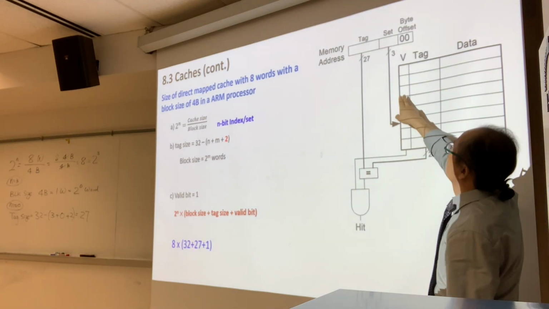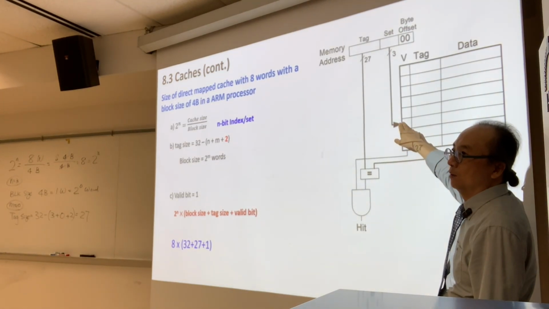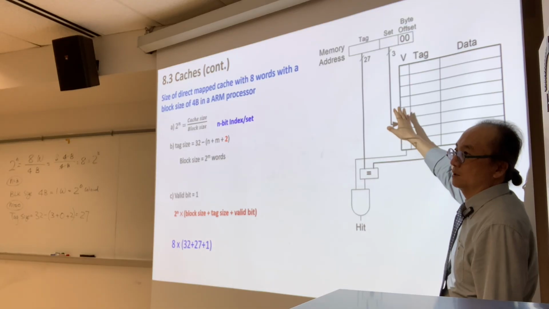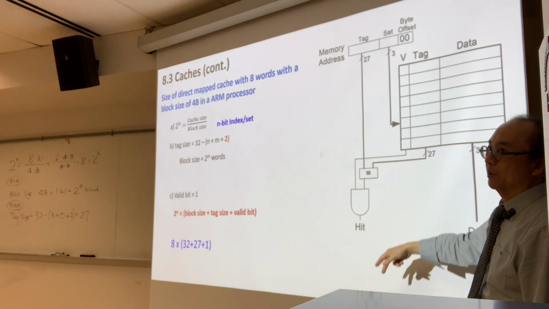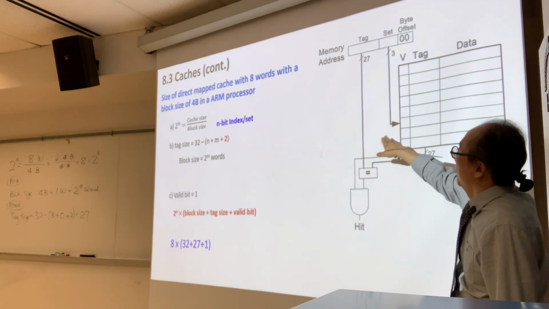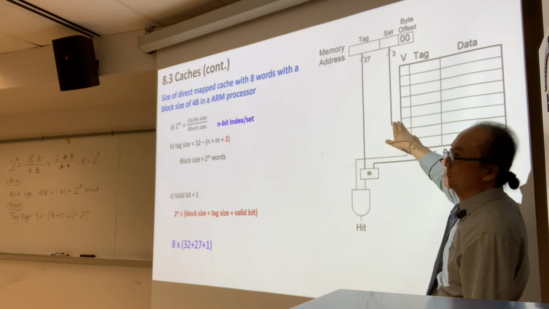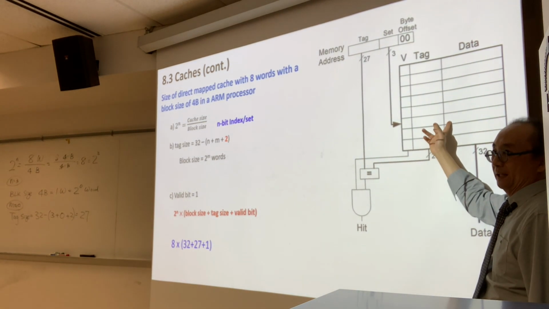So I'm going to look at this valid bit first in the 7. If valid bit is 0, done, because there's nothing in here. So I'm going to just go down to main memory, bring that into cache, and I'm going to use it.